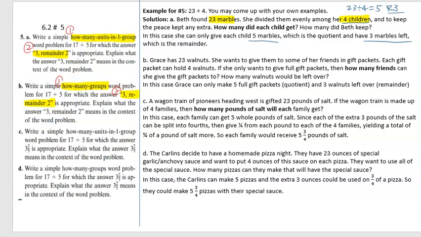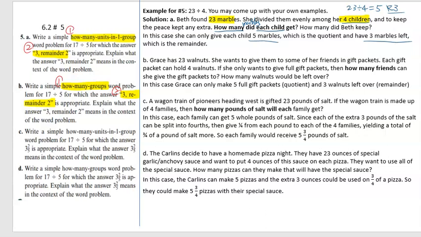So notice that this question I gave, how many did each child get? You can see that's how many marbles, which means how many units in one child. Each means in one, so it meets the requirements.